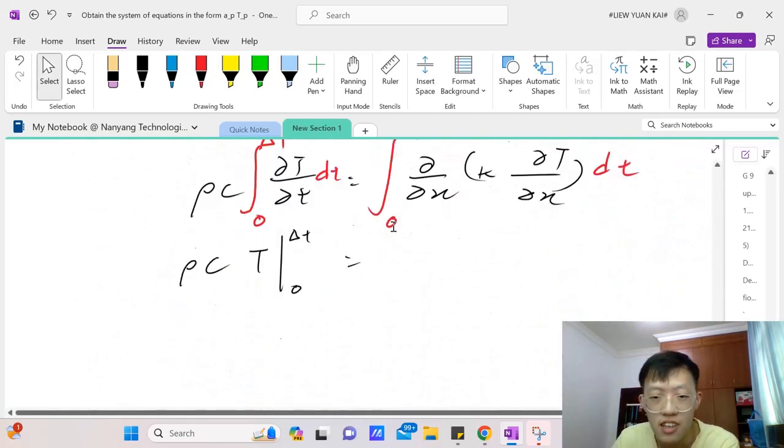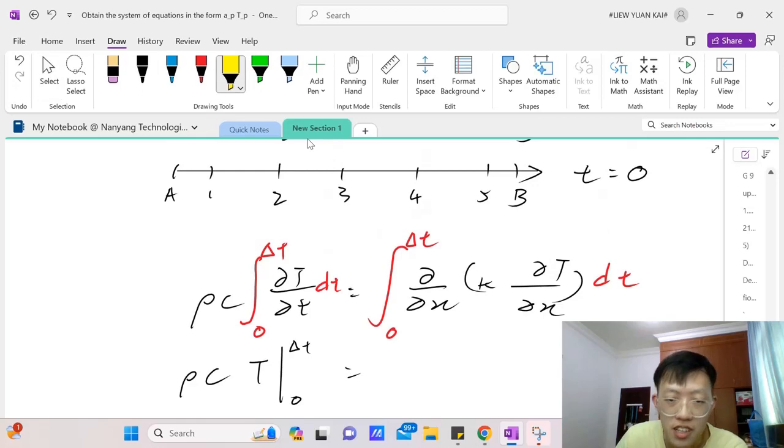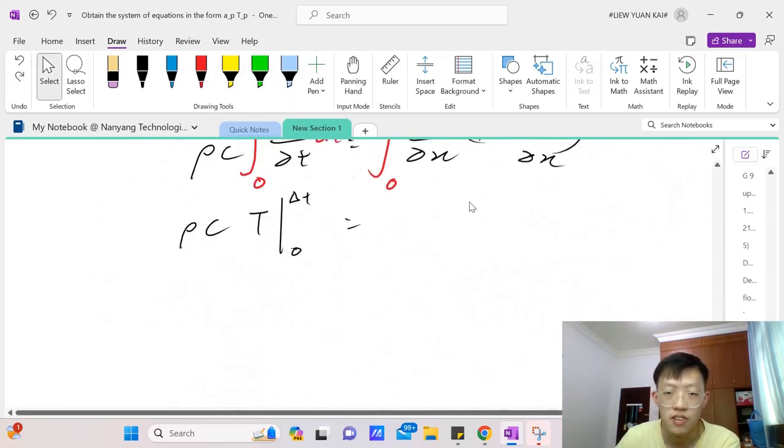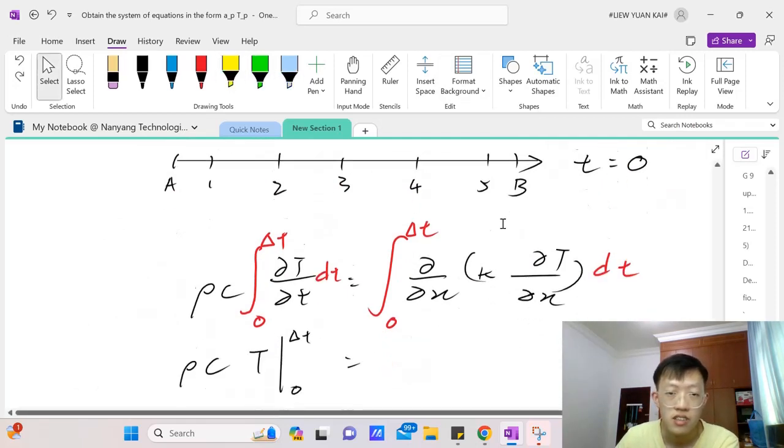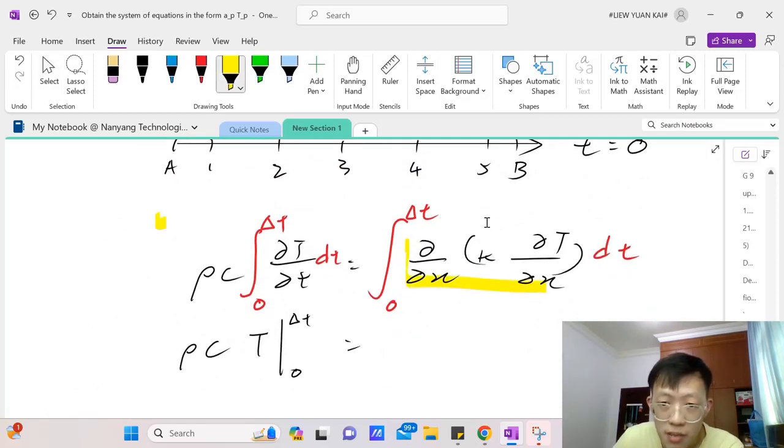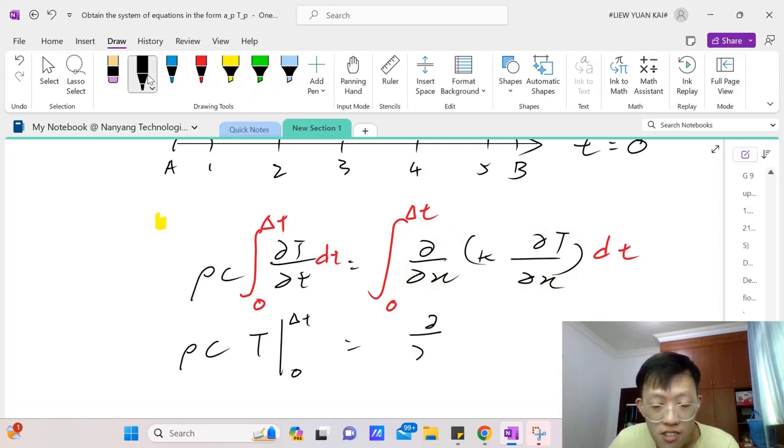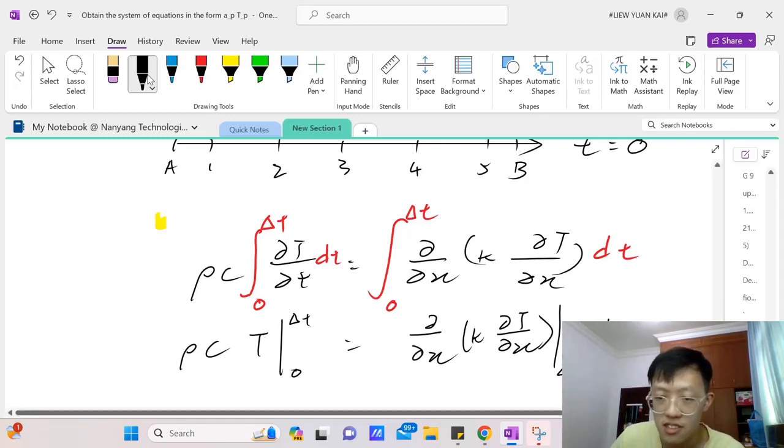So who's my f now? My f is just this entire thing. So we take f, which is this whole thing, evaluated at delta t, and we write it like this, then times delta t.